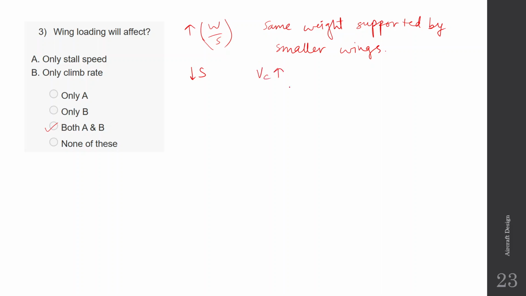We have to go faster through the air to produce the same lift. When your cruising velocity increases, everything increases. As I discussed, if your cruising velocity is high, all the velocities are also high. So your stall speed also increases.